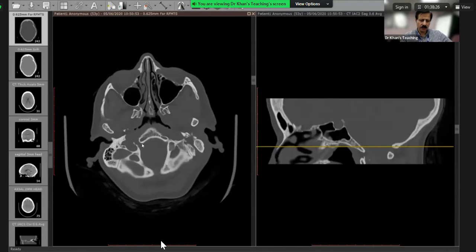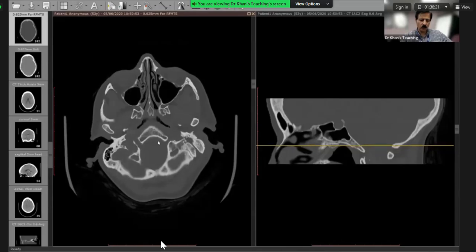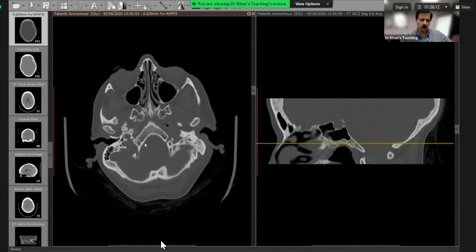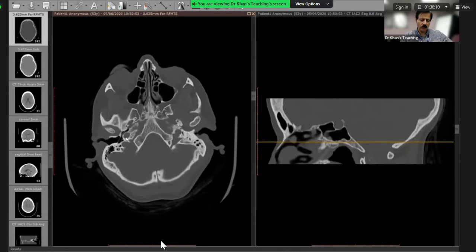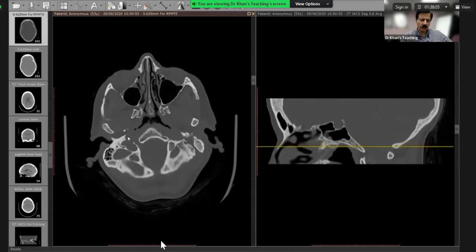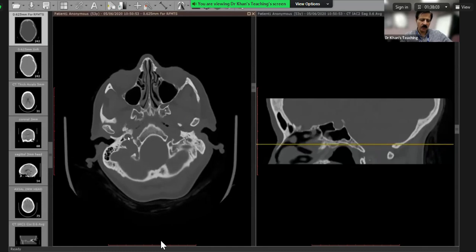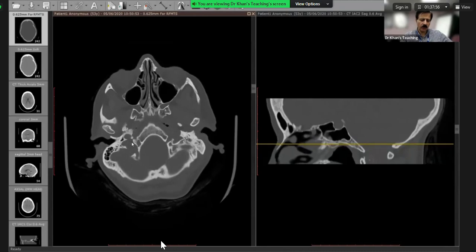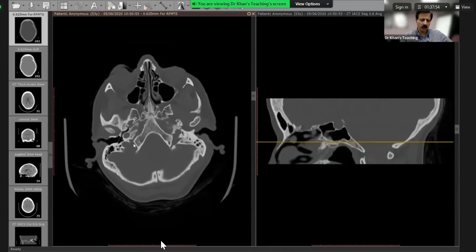This gap is the hypoglossal canal. A few slices superior to that, this is the jugular foramen. Don't confuse it with this structure just anterior to that, which is the carotid canal. So coming back, our main aim was to see the hypoglossal canal. You already know the jugular foramen.